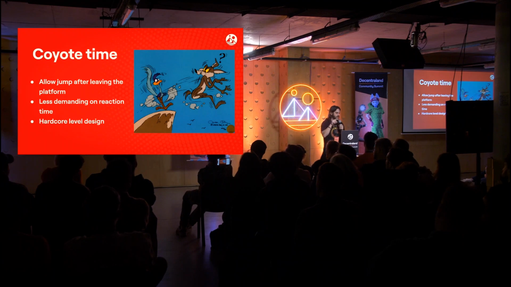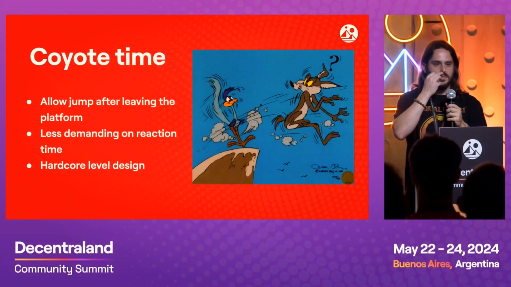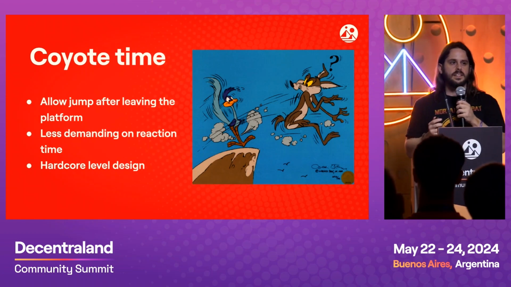On this locomotion, we implemented little things that are not visible, like edge control. So whenever you are very close to a surface, you won't automatically fall. And other things like the coyote time. I don't know if you remember the coyote from the Warner Brothers, that didn't realize that he was outside of the edge before falling. So there is a similar concept in game design.